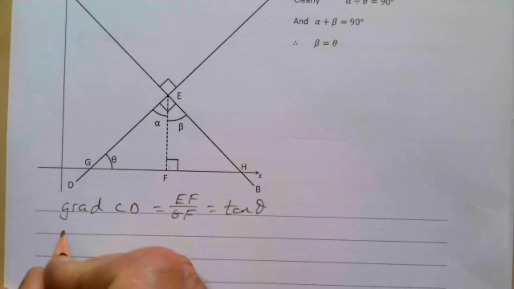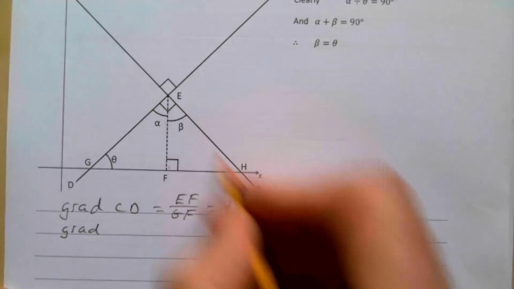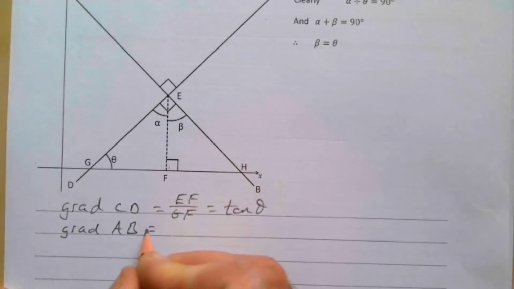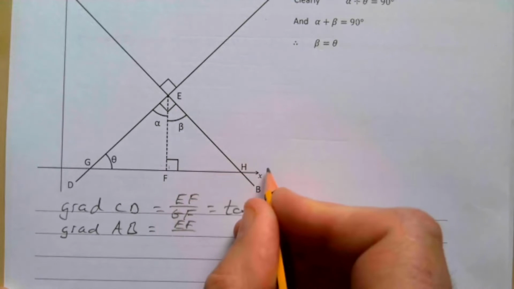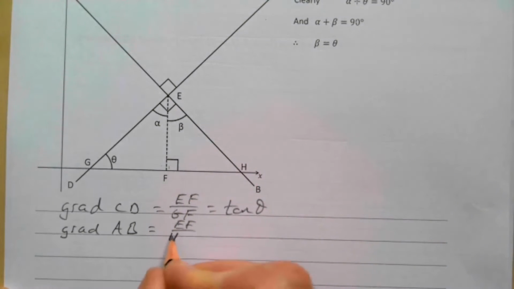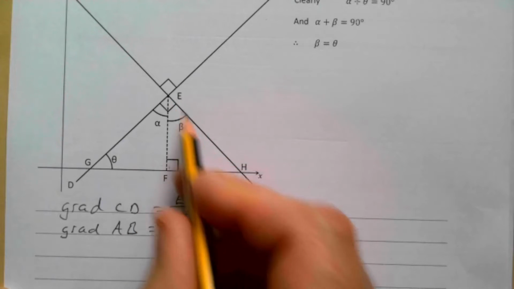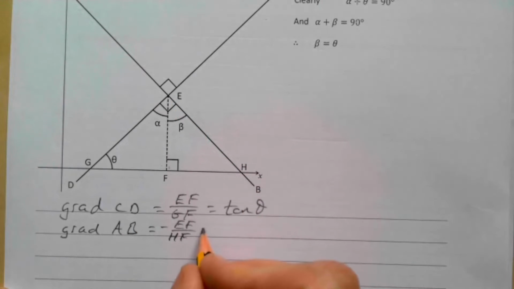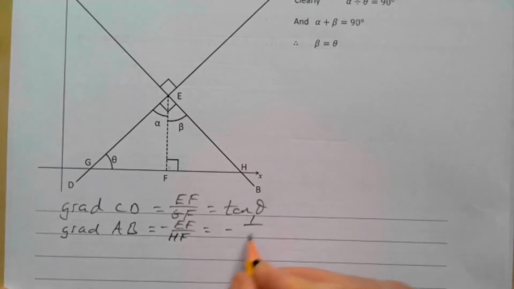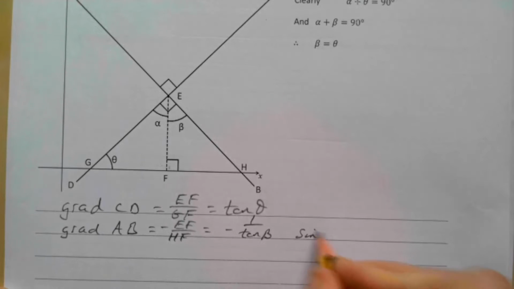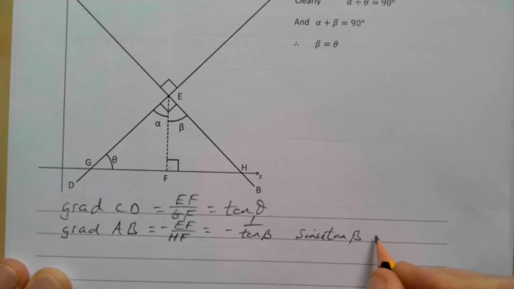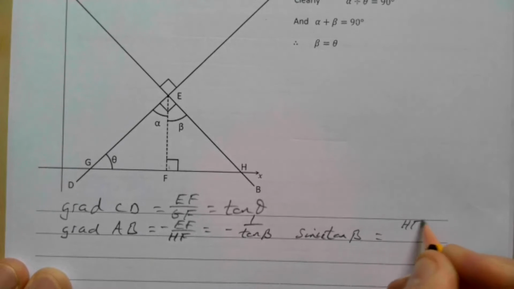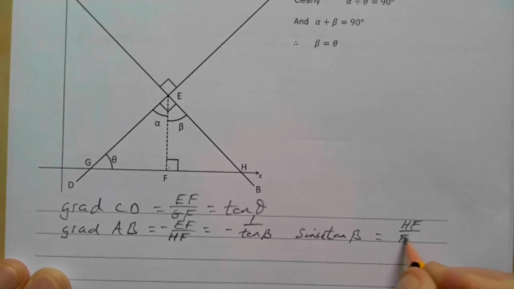The gradient of the other line, AB, is going to be EF over HF, but it's going to be the negative version of that because the line's going down, and that then is minus 1 over tan beta, since tan beta would equal HF over EF.